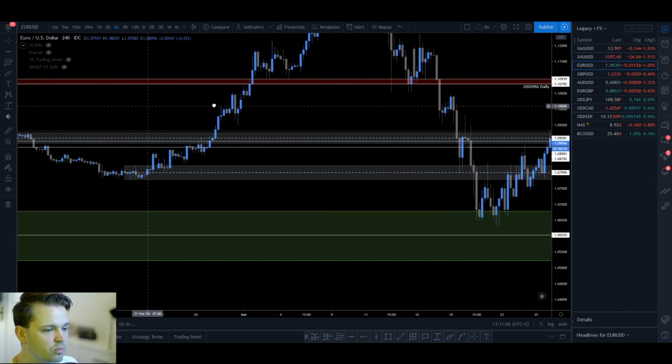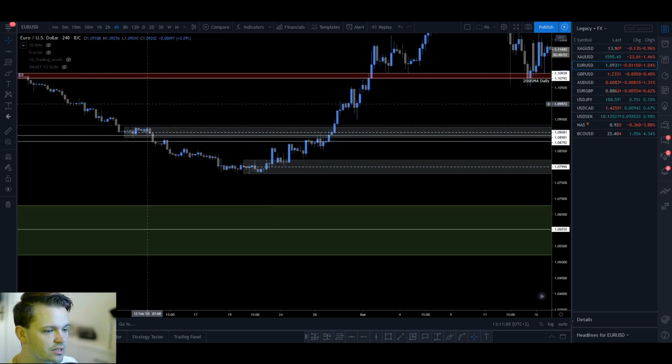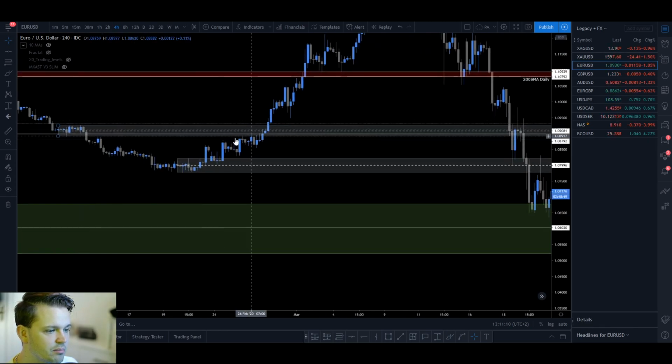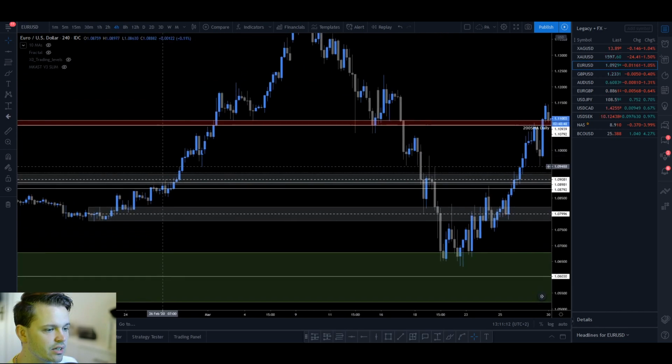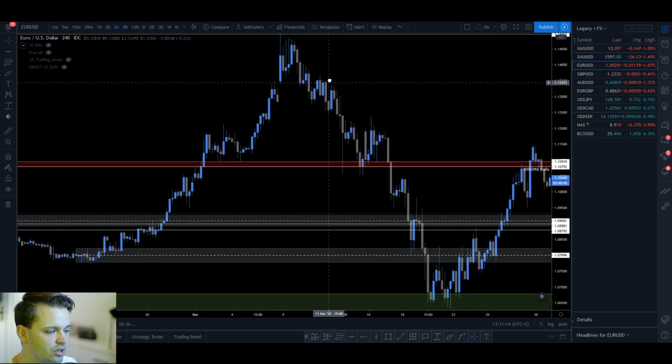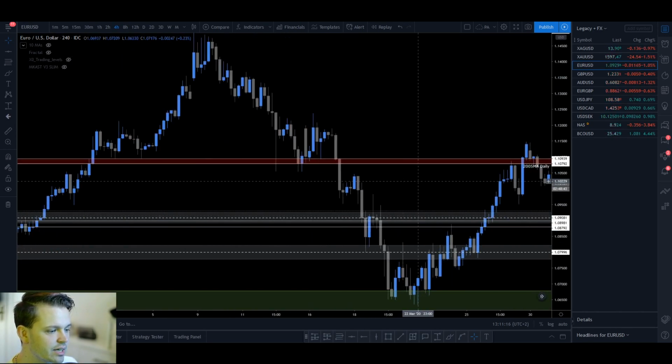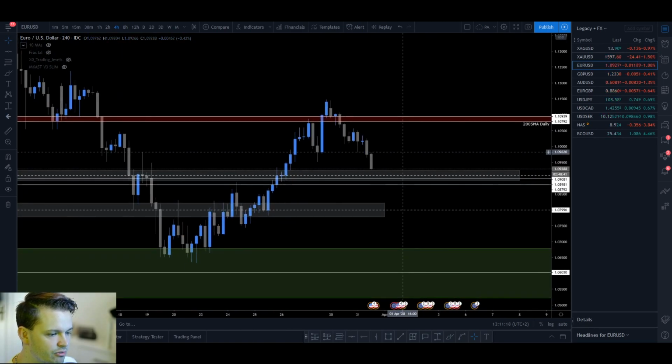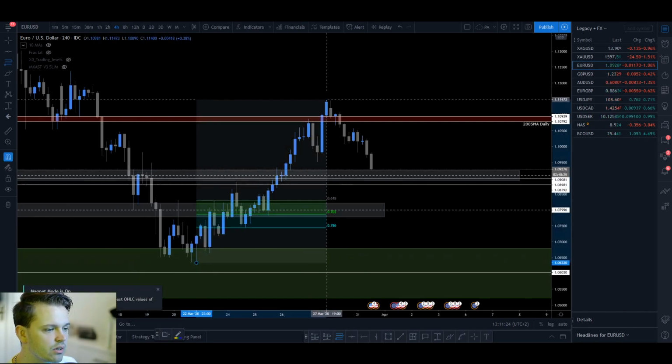We were using it as support back here, and it broke above here, which led us to this high up here. So in my opinion, this is an important area. Let's see where we have the fibs, and first where we have the RLC. The RLC is down here, so if we lose this order block right here, I would anticipate a move down into this order block down here.